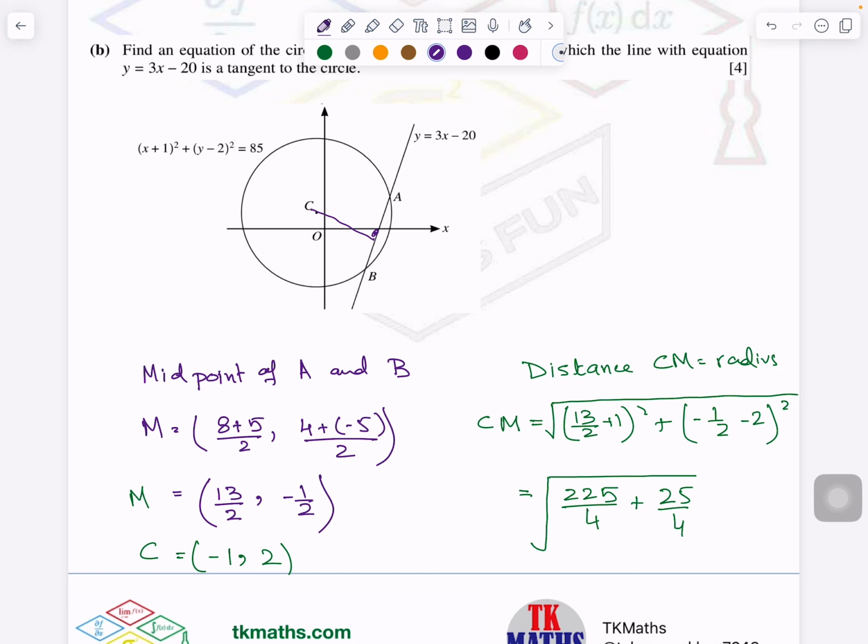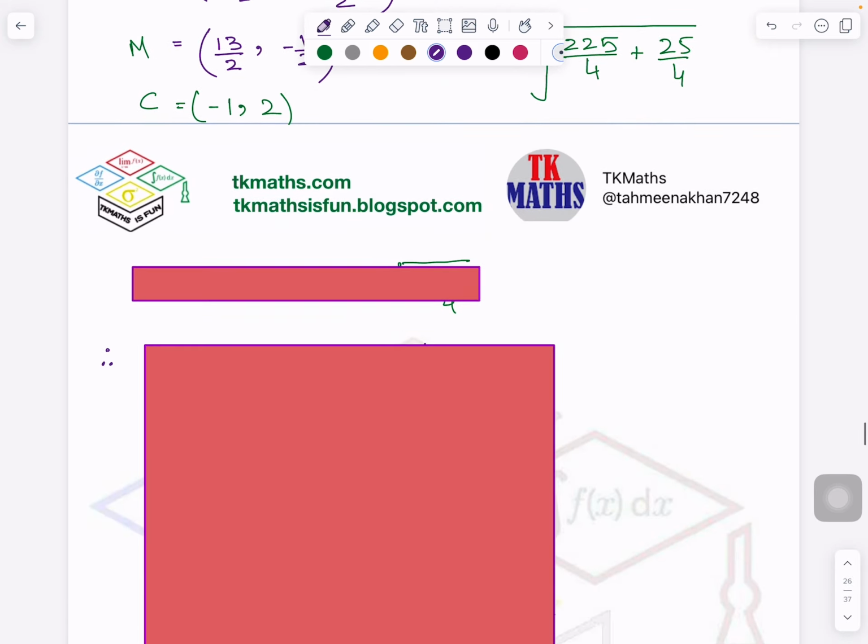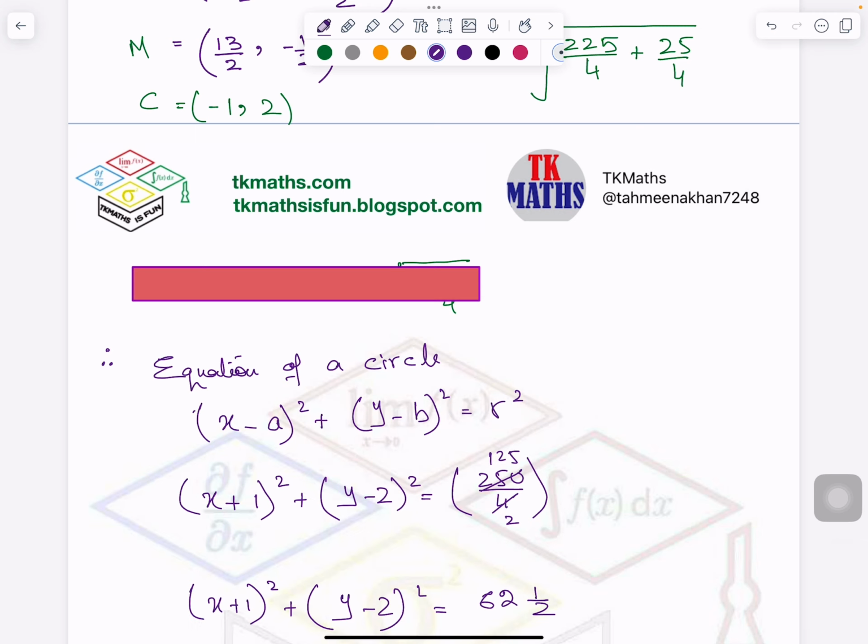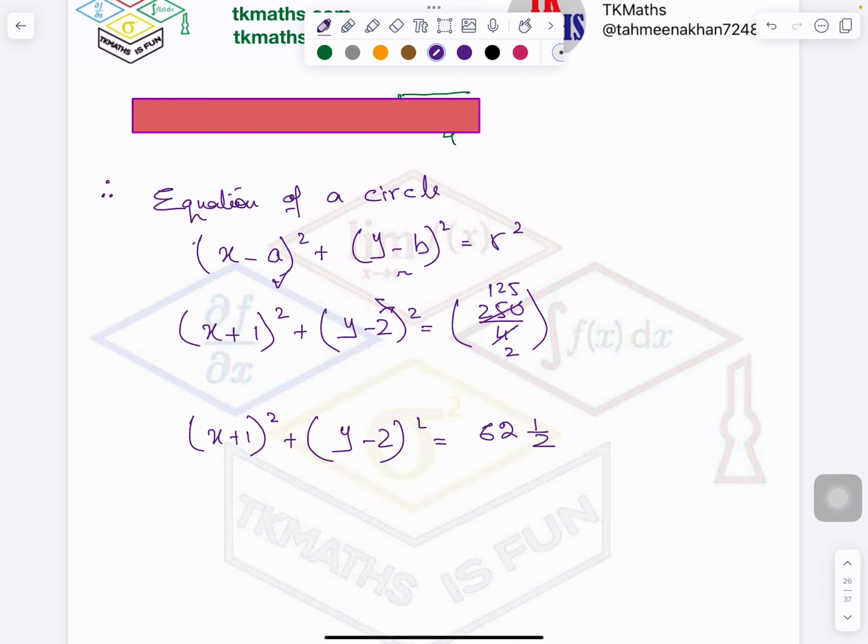You will apply the distance formula and you will get it, right? And then writing the equation of the circle will not be difficult at all. Why? Because you have the center and the radius. Okay, so you got the equation of the circle here.